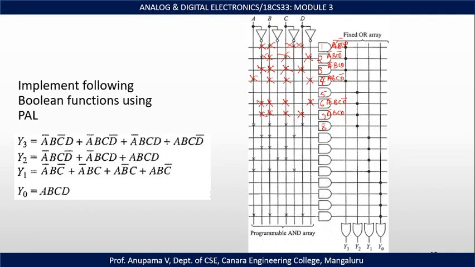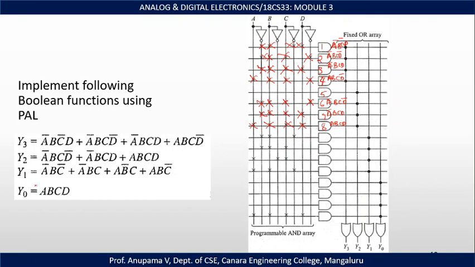In AND gate 8, draw X against A, B, C, D. The output of AND gate 8 is ABCD, which is the input for Y2. So Y2 is implemented using PAL.